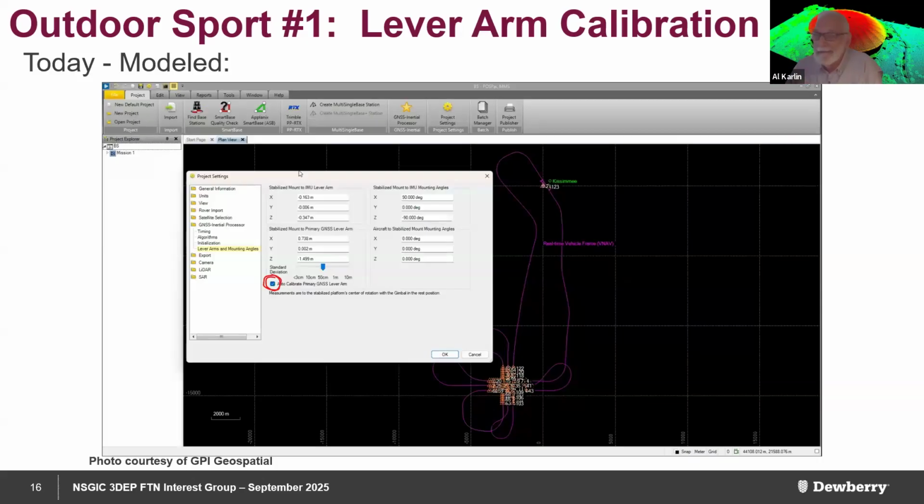Nowadays, what we do is we model it, and here's just a picture of the software that's used to model the lever arm calibration. The curious thing for me, if you look over here, and I hope you can see my cursor move, is this is a trajectory of an aircraft, the purple lines, over a calibration course.